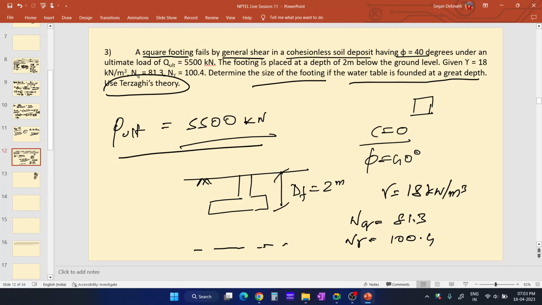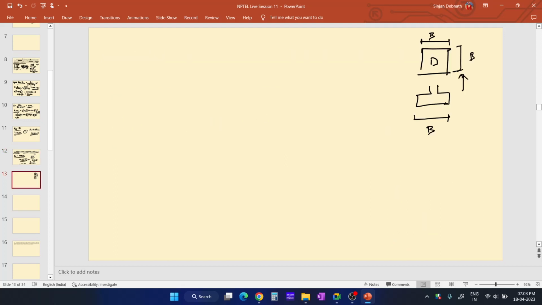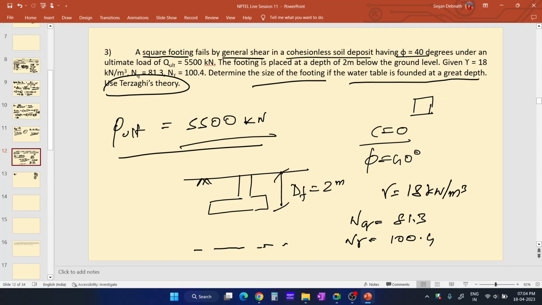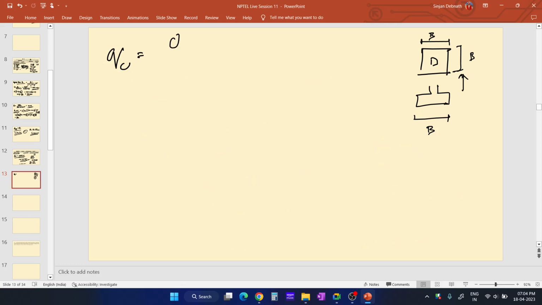This is the ultimate load that the foundation can take. If I divide the ultimate load Q by the area of the footing, that is B square, we will get the ultimate bearing capacity.